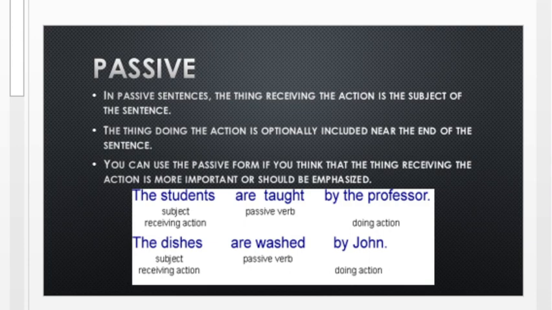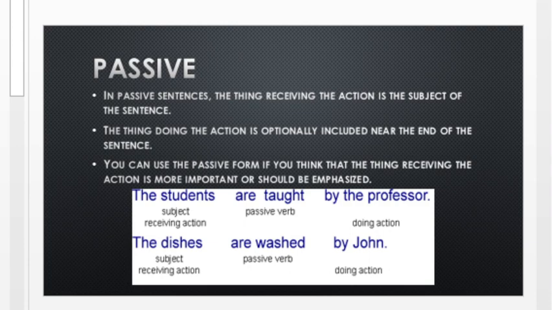If you look at the sentence, it's almost the same as the one in the active sentence. It's just a reverse version. In the active sentence, the one doing the action is the professor, which is at the beginning of the sentence. Meanwhile, in passive, the one doing the action is at the end of the sentence, where that is the focus. The sentence is trying to tell everyone the professor is the one teaching the students.